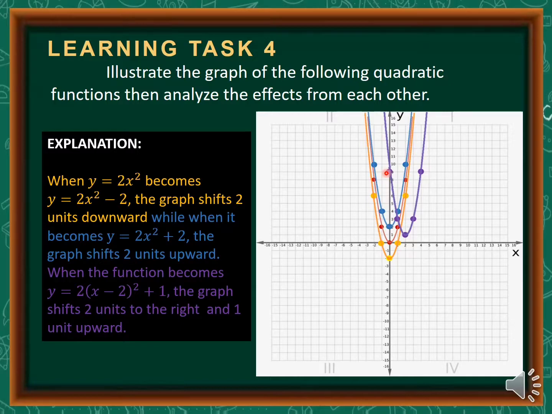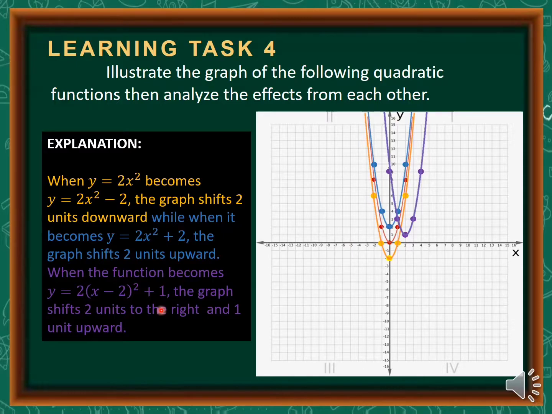Therefore, we can say that when the function becomes y is equal to 2 times x minus 2 quantity squared plus 1, the graph shifts 2 units to the right and 1 unit upward. Tama ba? Yes. Na-verify na natin yan. 2 units to the right, 1 unit upward. So, sa palagay ninyo, kagaya ng pinag-aralan natin, i-recall natin, kailan siya nag-move to the right?